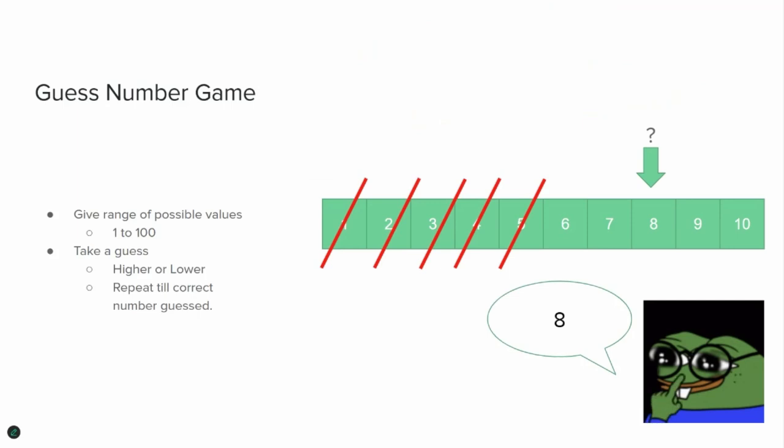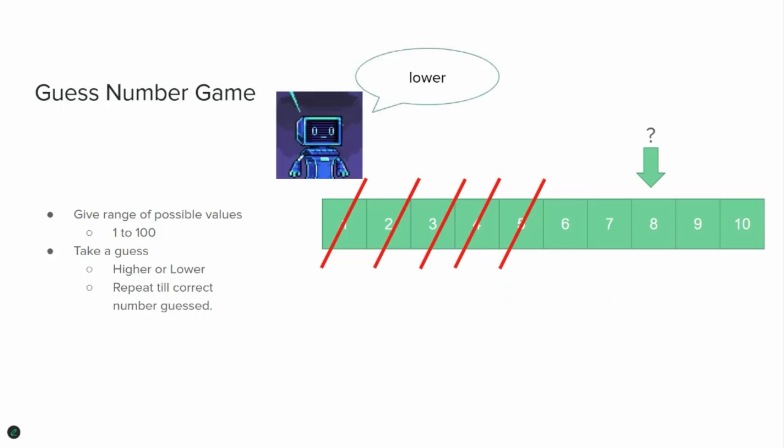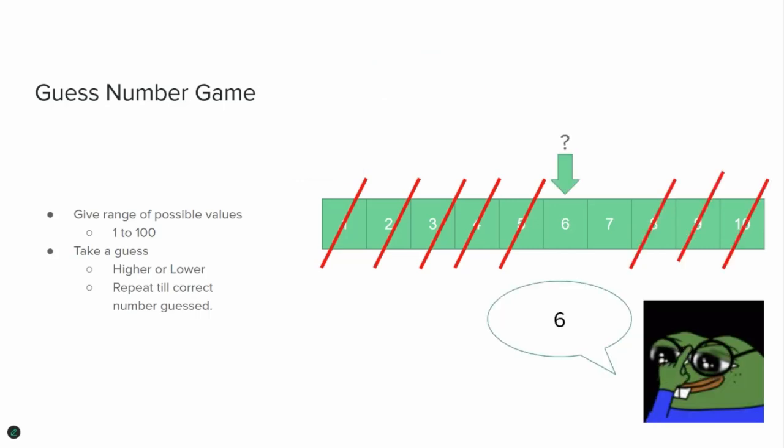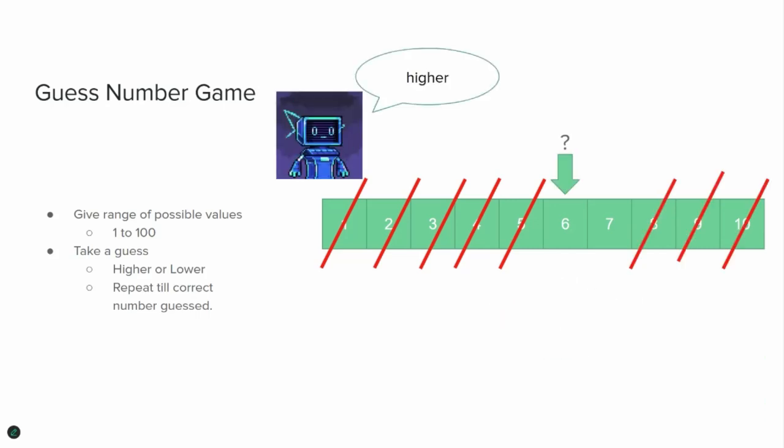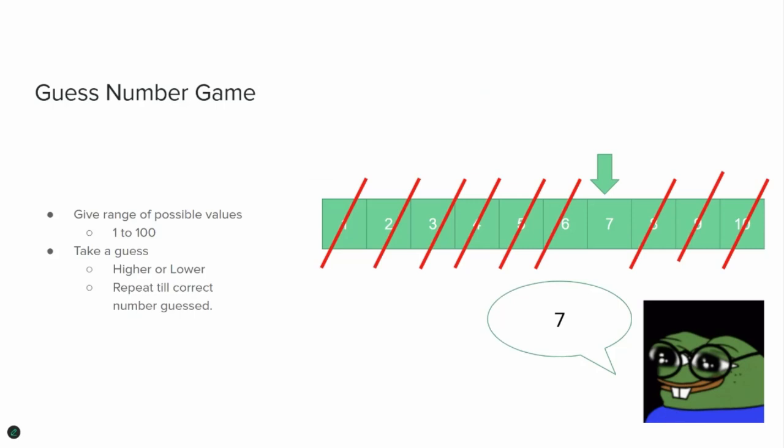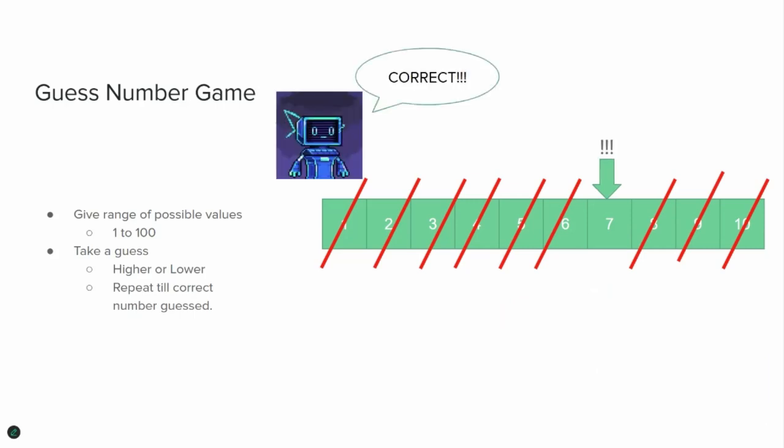So 1, 2, 3, 4, 5 cannot be in our possible values. So I guess again, I say 8 and it tells me lower. Therefore, I know that 8, 9, 10 are no longer there. I get rid of them and I keep on going. I say 6, this is higher. And I know, okay, great, it's 7.